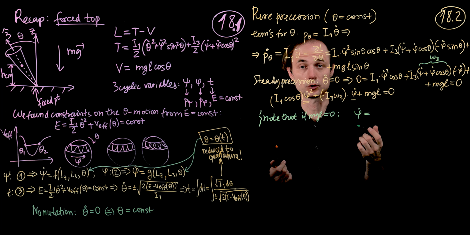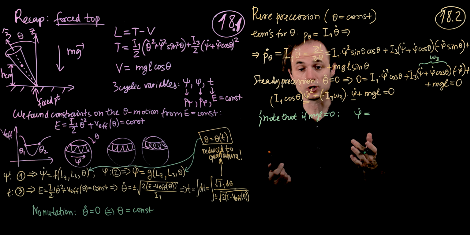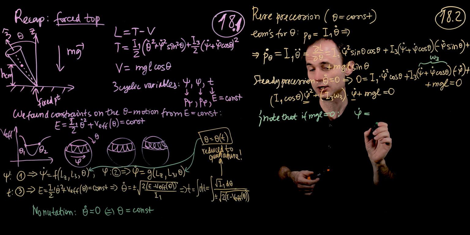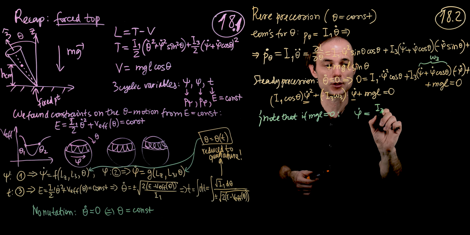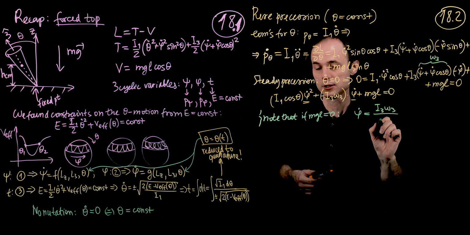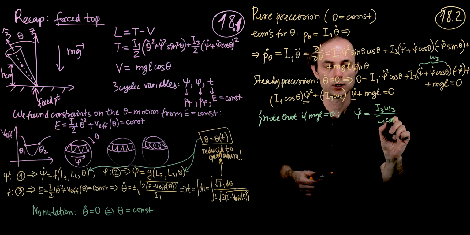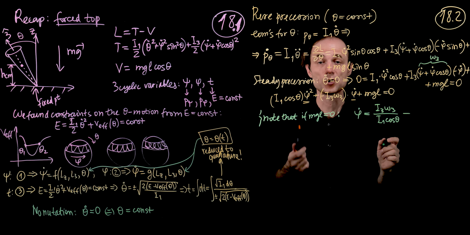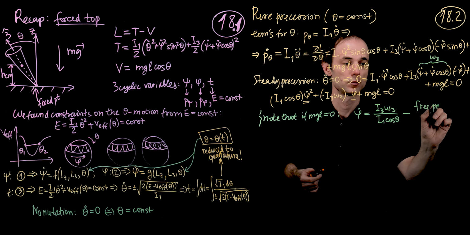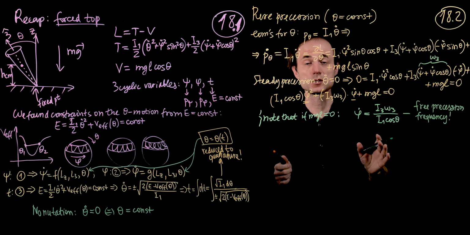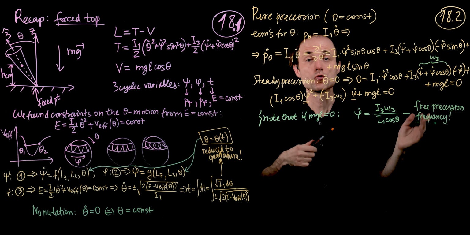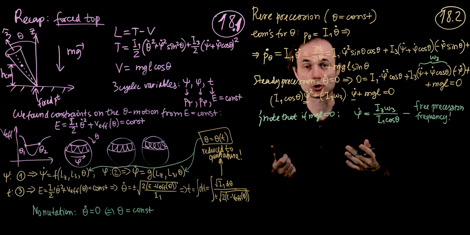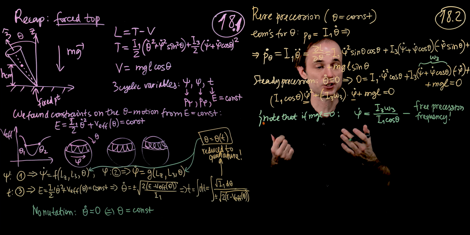Phi dot equal to 0, a trivial solution, is not something we're interested in, and we can write down that phi dot is equal to I3 omega 3 divided by I1 cos theta. This is the free precession frequency that we derived previously. So everything is consistent. Our equations of motion reduce in the limit of 0 gravity to the free precession equations that we considered earlier.